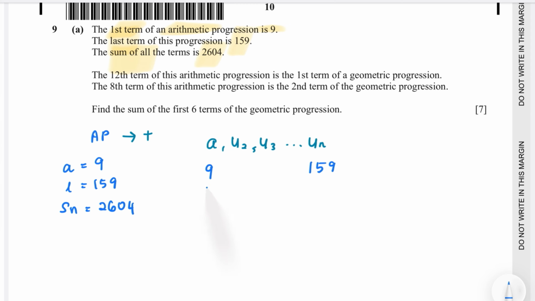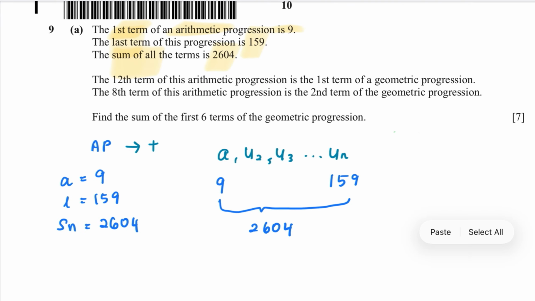The third information given is the sum of all these terms added together will be equal to 2604. Before we try to solve this, let's complete the information for arithmetic progression first. For example, we don't know the number of terms.